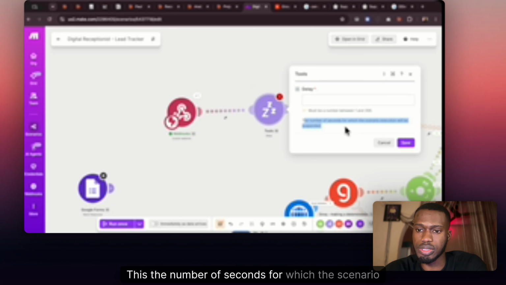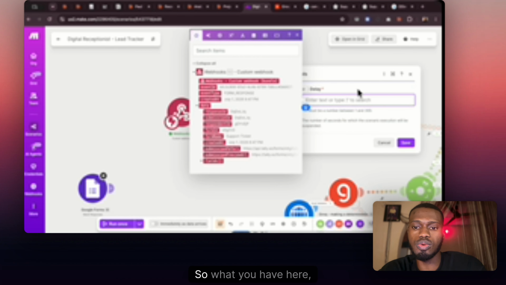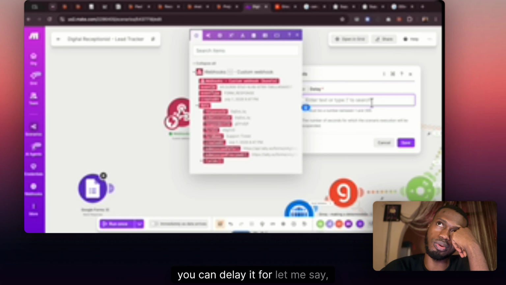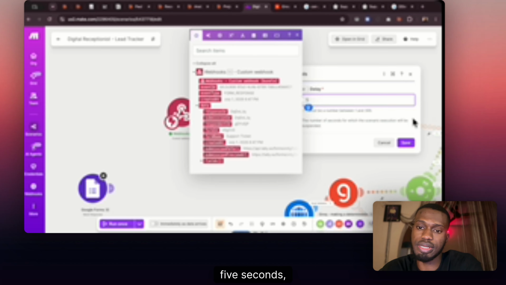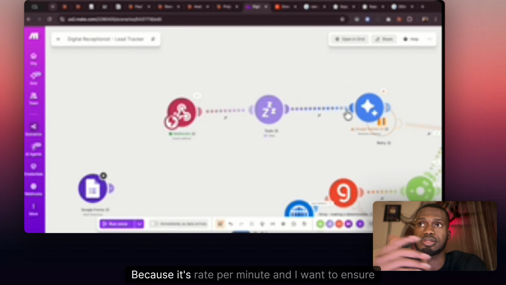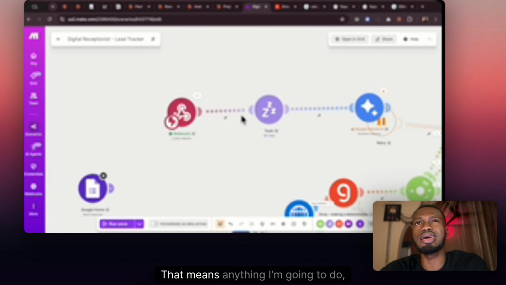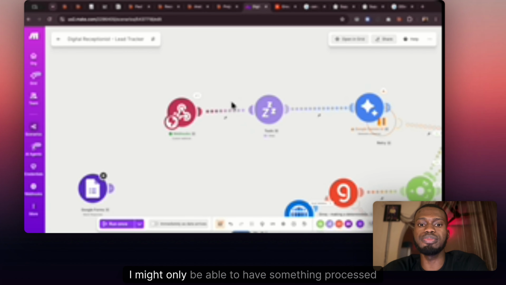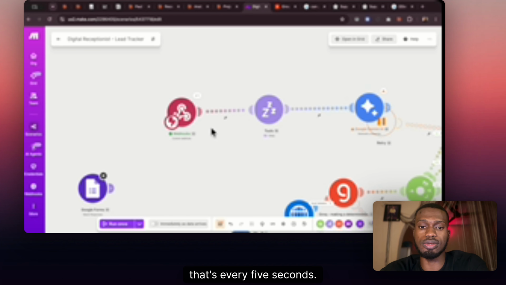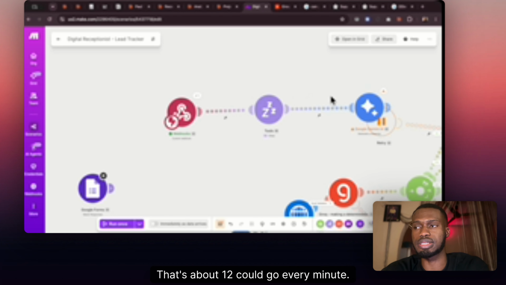The number of seconds for which the scenario will be suspended. You can delay it for, let me say, 5 seconds, because it's rate per minute, and I want to ensure that I only process something every 5 seconds. That's about 12 every minute.